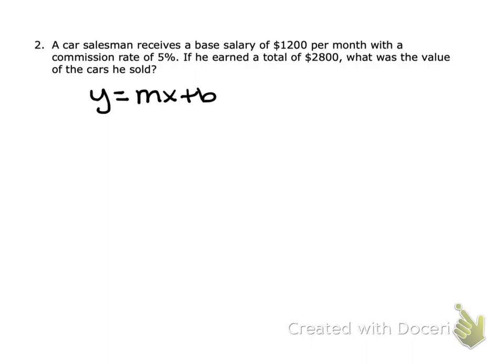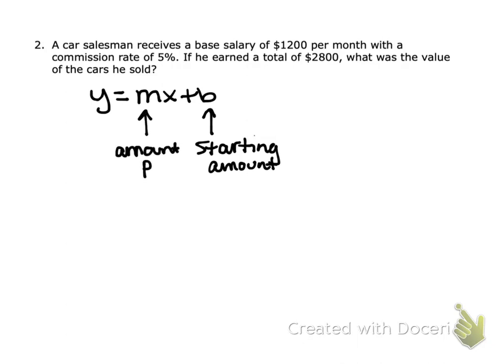And a lot of times you'll see this equation come up in word problems, at least in helping you write them, where b is like a starting amount, and then m is, I usually call it like the amount per, and that could be like per anything, per car, per whatever. And then y is your total.